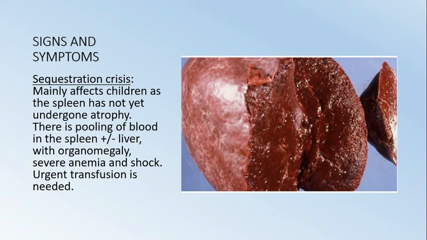But some of the sequestration crisis also occurs in other places, especially the eyes. Occlusion of the retinal vessels produces hemorrhage, neovascularization, and eventually may lead to detachment.